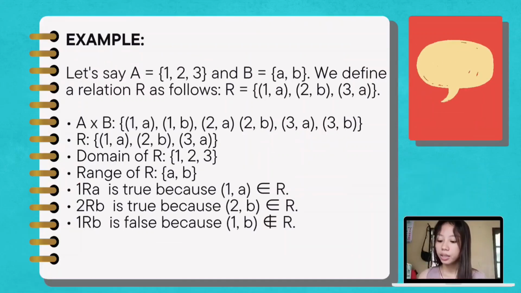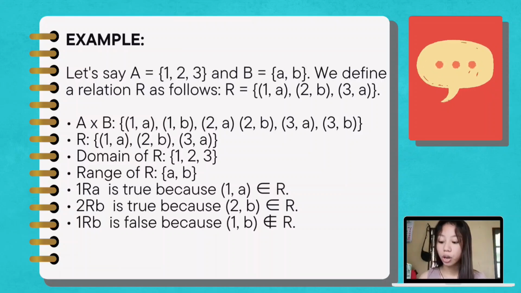Let's say set A contains the elements 1, 2, 3, and set B contains the elements A, B. We define a relation R as follows. R contains the ordered pairs (1,A), (2,B), and (3,A). So let's identify the Cartesian product, which is A cross B: (1,A), (1,B), (2,A), (2,B), (3,A), and (3,B).